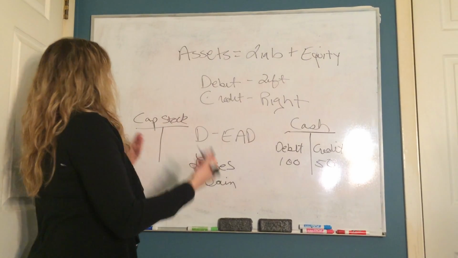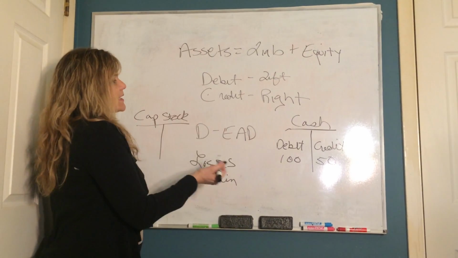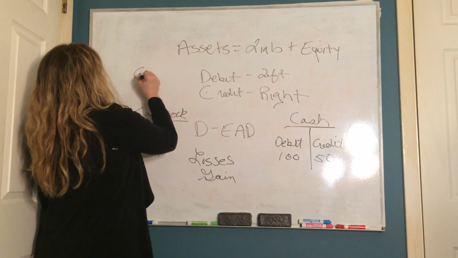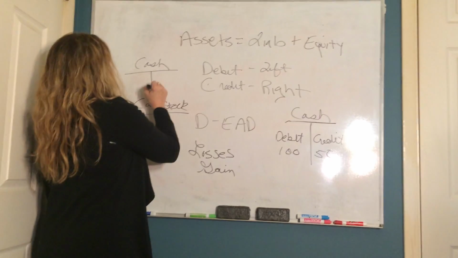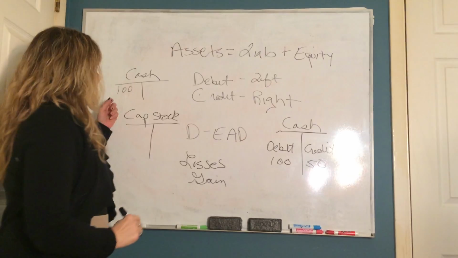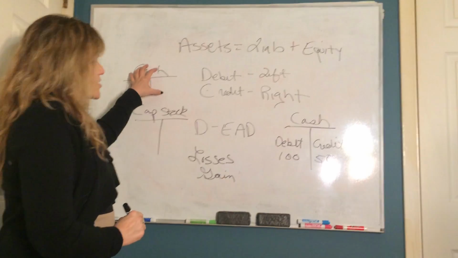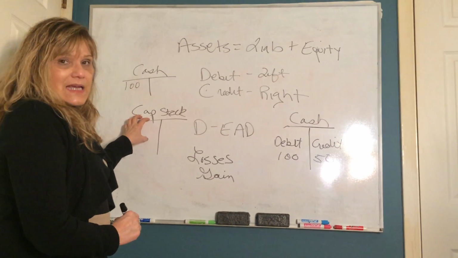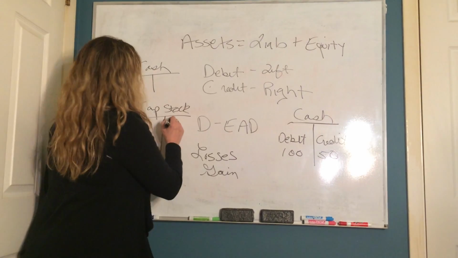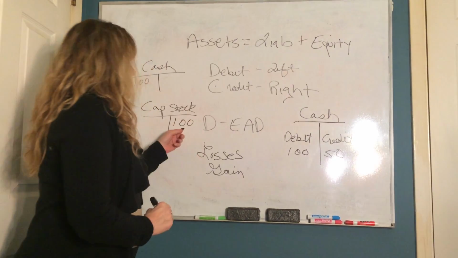if some investor buys stock and gives us $100, I would debit cash for that $100. I've increased cash. Now to increase my capital stock, I'm going to credit that because capital stock is going to increase with a credit.